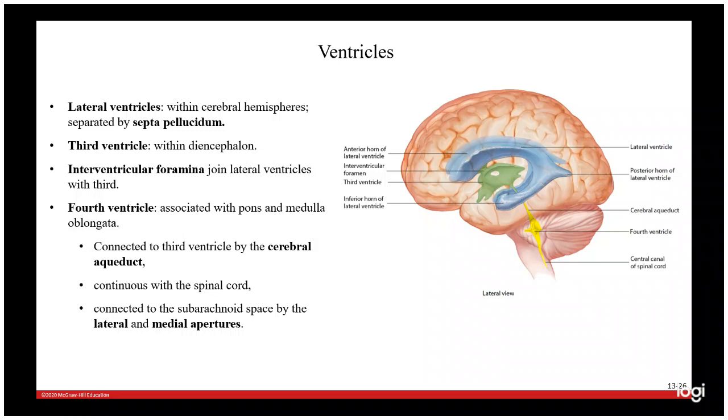And I'd like you to just take a little time processing those things. I think that once you get a grasp on where you will find these, what region they're in, what that region does, it will make this particular slide a lot easier.